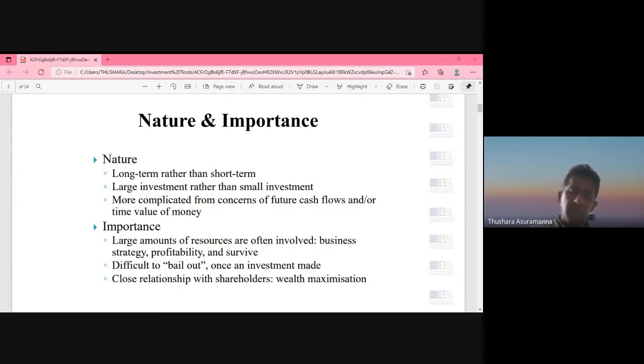What is the importance of investment decision to a company? Like that, there may be general questions he could ask. The last two questions you can answer using these two areas, the nature and the importance. The first two questions we are now going to answer through the definition of the project financing concept.